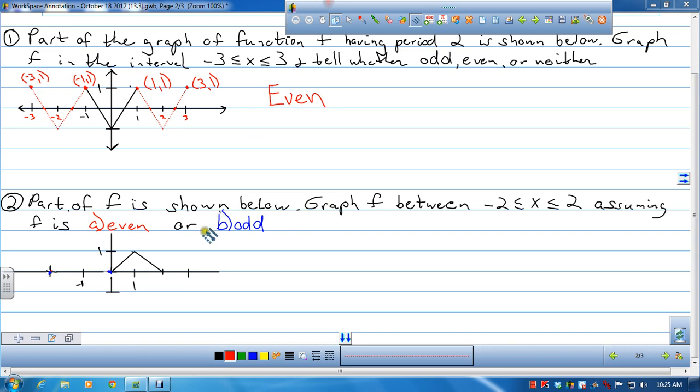I'll do a dotted line in red if it's even. So if it's even, I should be able to simply mirror this image, right? Let's draw these values in. I've got a 2 here and a negative 2 here. That's where I want to go with it.